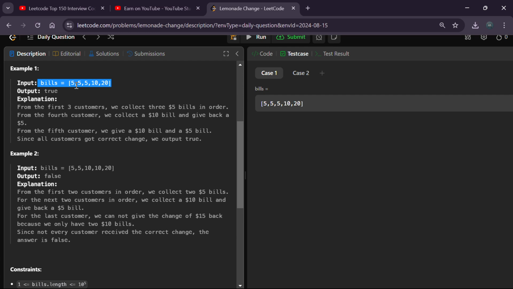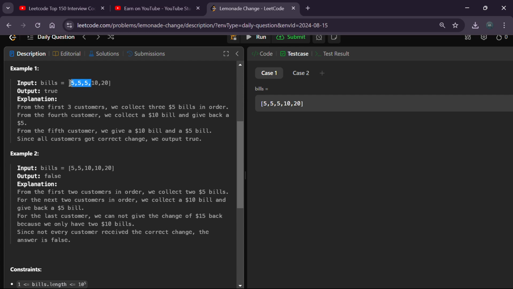The first customer comes with $5, so he purchases a lemonade costing $5, and we don't have to return any change, right? The cost is $5 and he gave $5, so there is no change. We got $5 in hand in our pocket, right? Same for the next two customers.